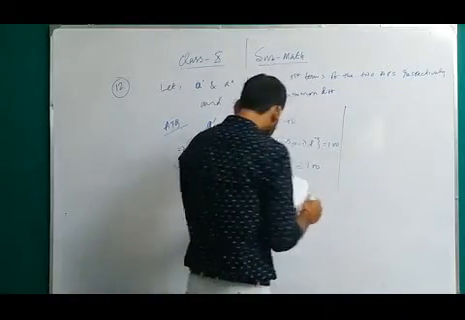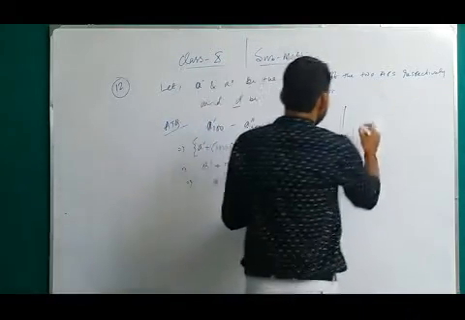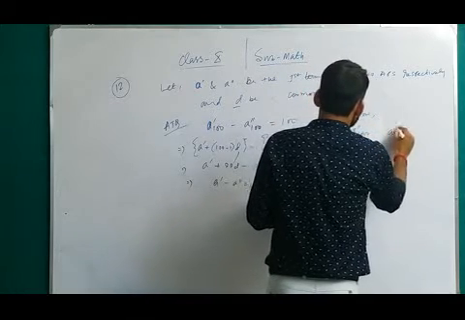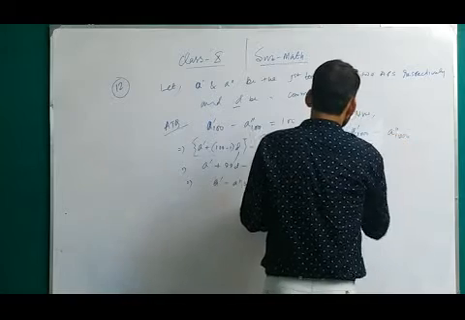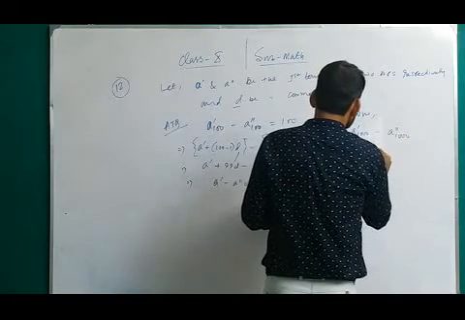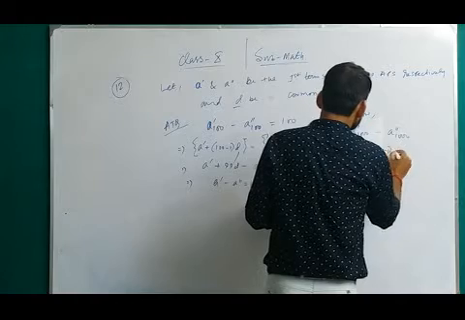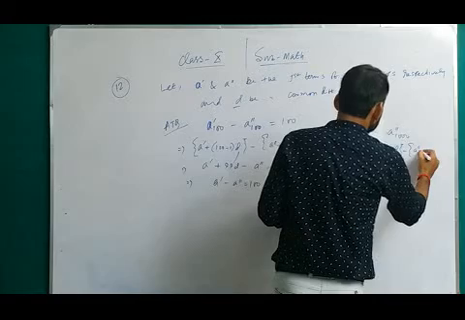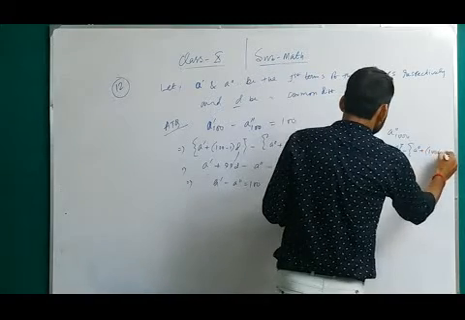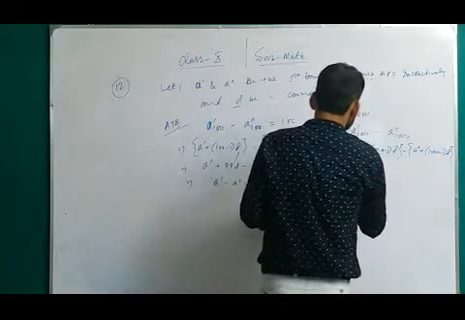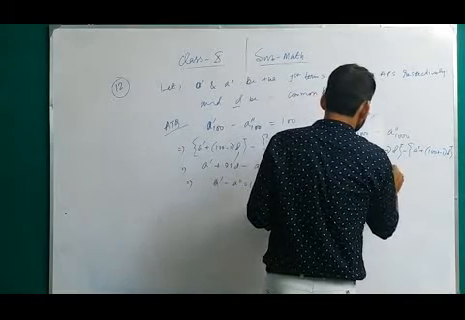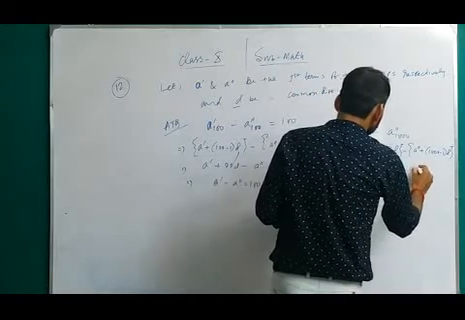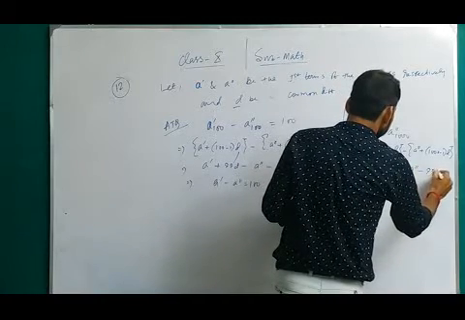Now we are asked to find the difference between their 1000th terms. Now a prime 1000 minus a double prime 1000 equals a prime plus 1000 minus 1 into d, minus a double prime plus 1000 minus 1 into d, that means a prime plus 999d minus a double prime minus 999d.